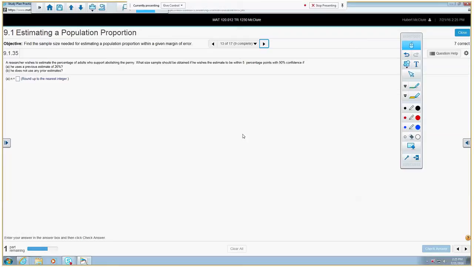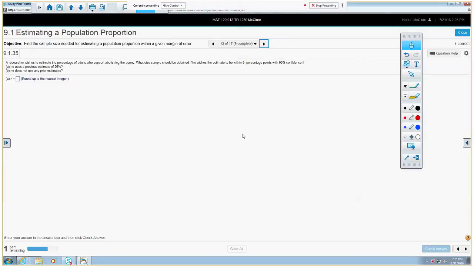N, sample size. And that's that complicated one. That's the squared. Instead of the square root, it's squared, right? P hat Q hat over N quantity squared times a Z. Is that it? Something like that.